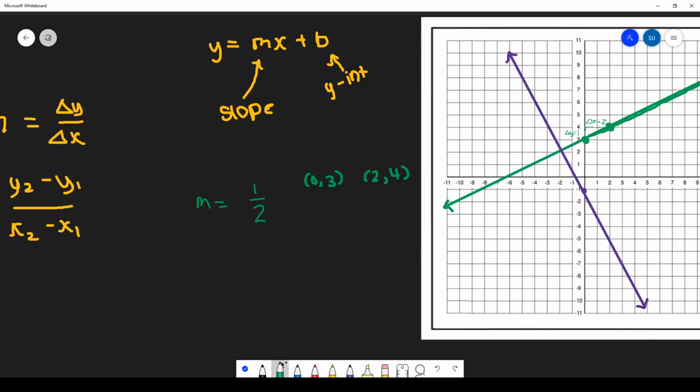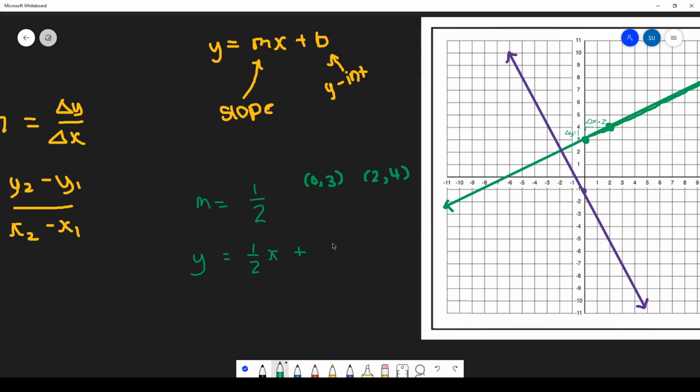So if we were to write this out in an equation, because oftentimes your teachers are going to ask you to write out the slope and y-intercept after calculating them from whatever you're calculating them from into an equation. So that's what we're going to do right here. Y equals, going back to our slope-intercept form, 1/2 x.